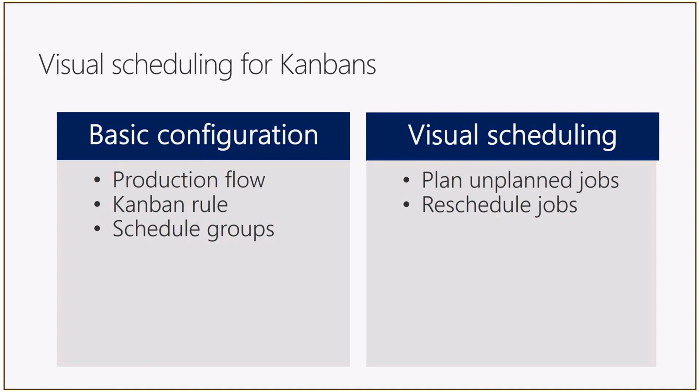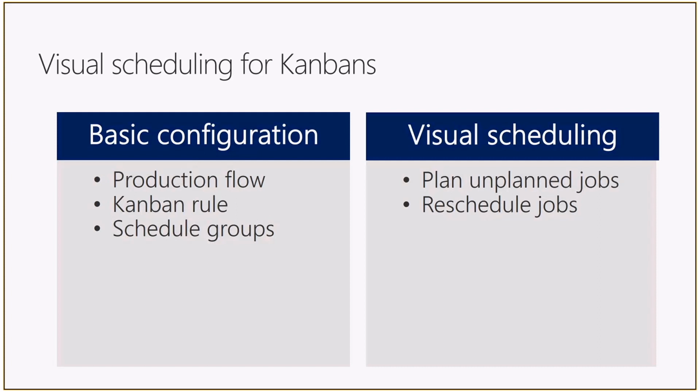For those of you who are not that familiar with Lean, I'm going to quickly show you how to set up the production flow. And the production flow is kind of the basis for the Kanban rules, where we create Kanban activities. And I'm also going to show you something around scheduled groups.